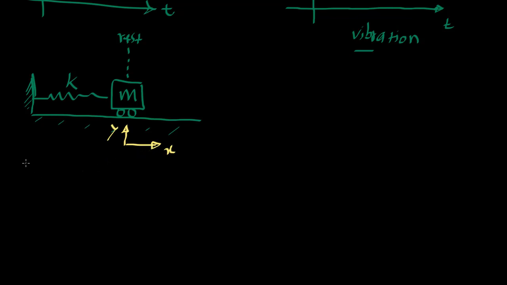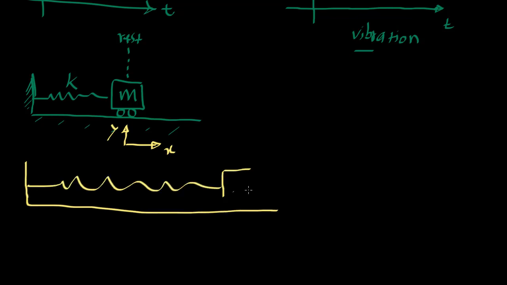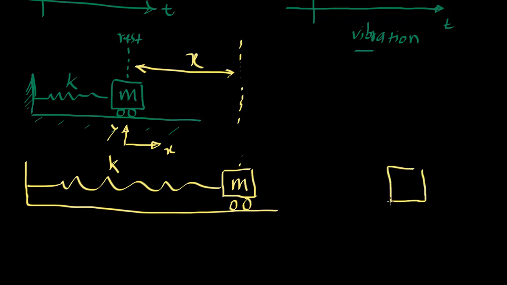So if the spring is stretched, and the particle is here, and again this is k, this distance is x right now, because we consider the origin of the x-axis at the rest position. If I want to draw the free body diagram for this system, it would be something like this.